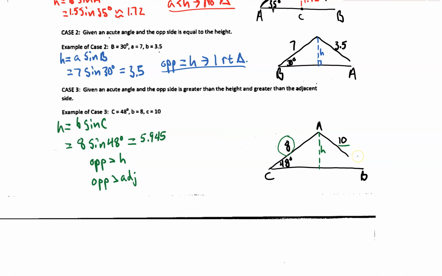This is our opposite side. It said given an acute angle and the opposite side is greater than the height and greater than the adjacent side. So here was the first part, here was the second part.